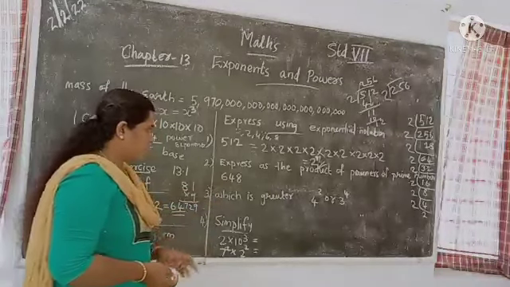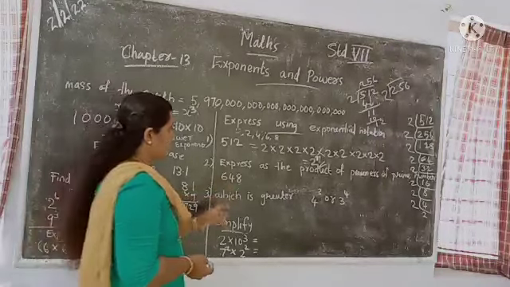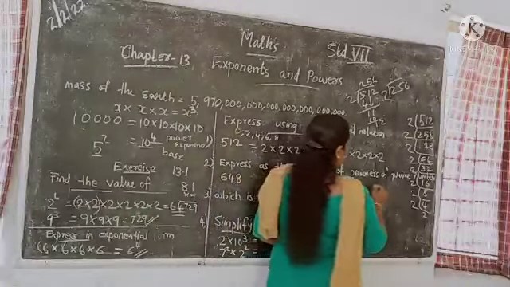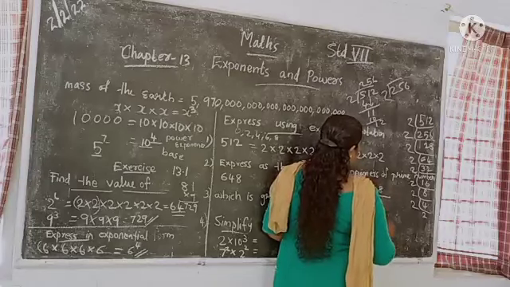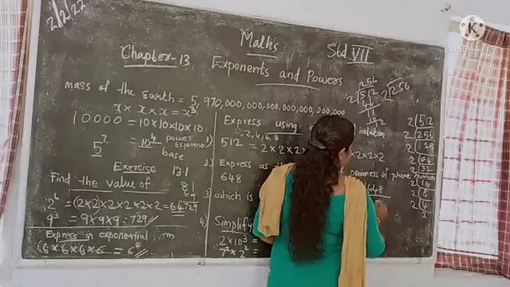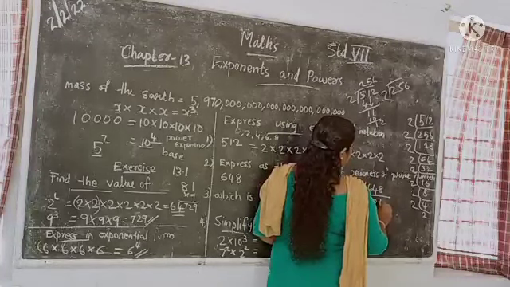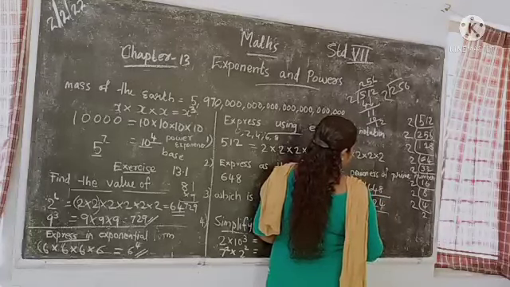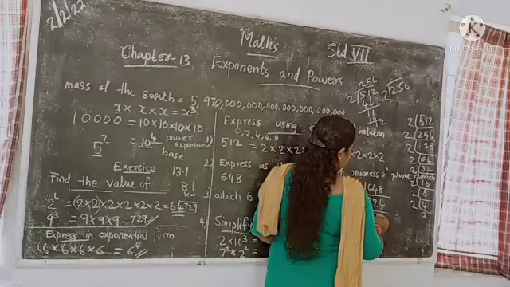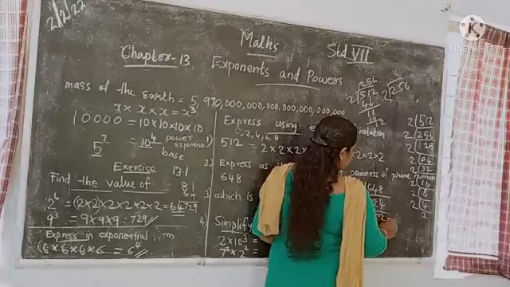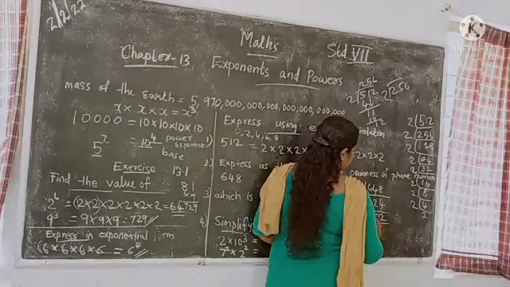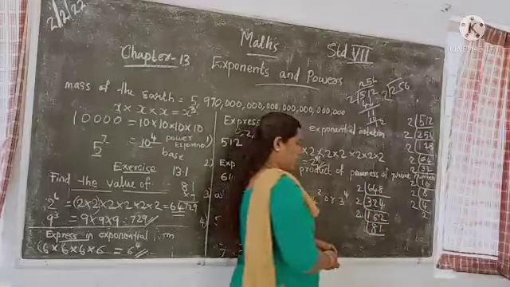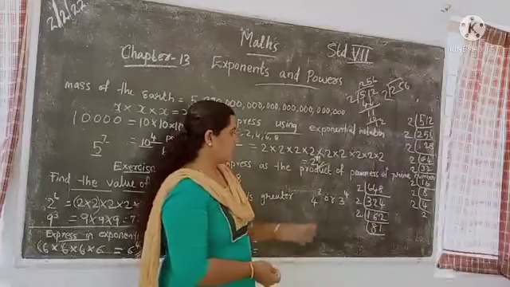Next one, express as the product of powers of prime numbers. First we divide 648 by 2. Again 2, 162. Again 2, 81. Then 81 is not divisible by 2.